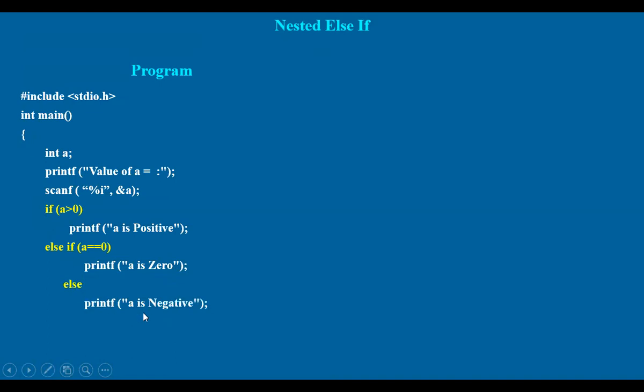Else, what happens? Obviously, it is not greater than 0 and not equal to 0, so it must be less than 0. We are not even testing that, directly saying that A is negative. So that completes the if else, and inside it again an if else. That's the nested if statement.